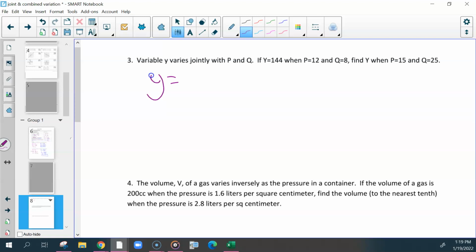Y equals k times p times q. Jointly, we're multiplying the variables. Then we can put all of our numbers in. In this case, they're usually going to give me 3 numbers instead of just 2. So 144 equals whatever k is times 12 times 8.